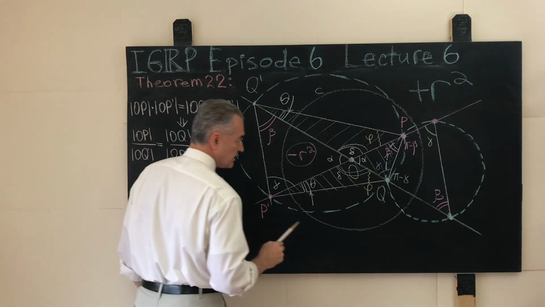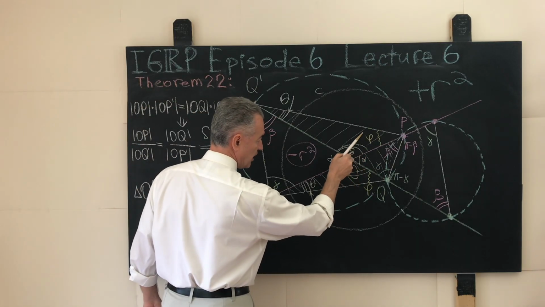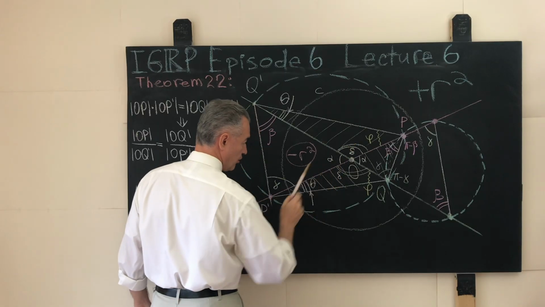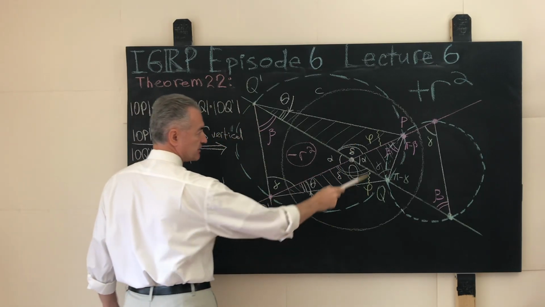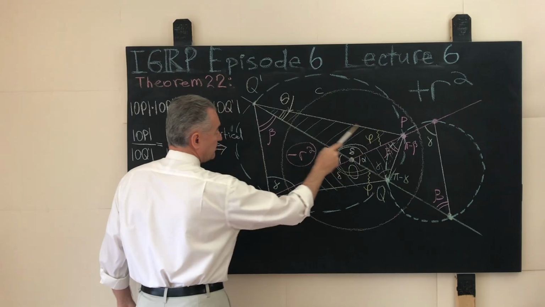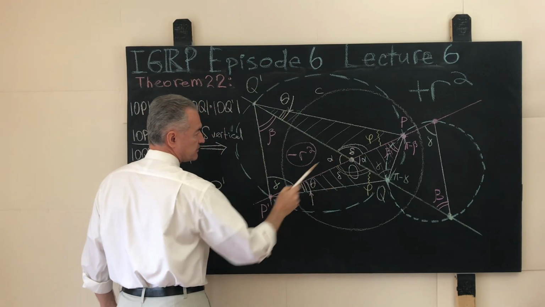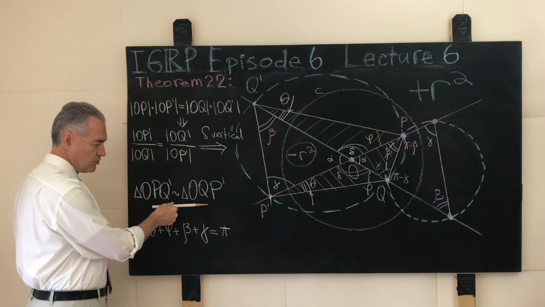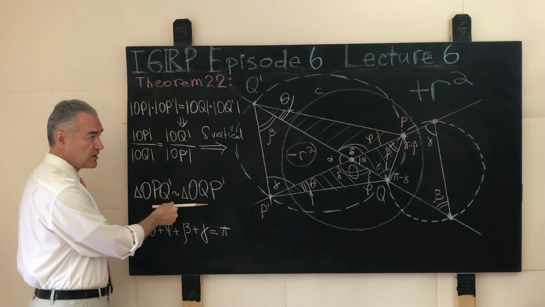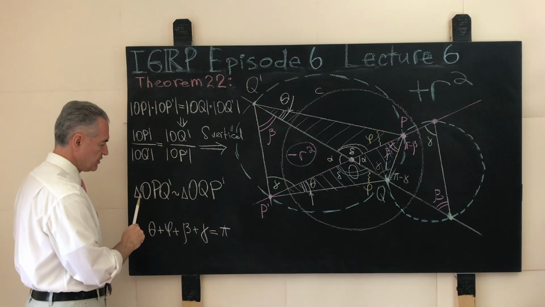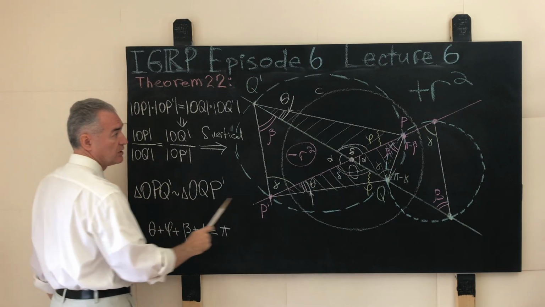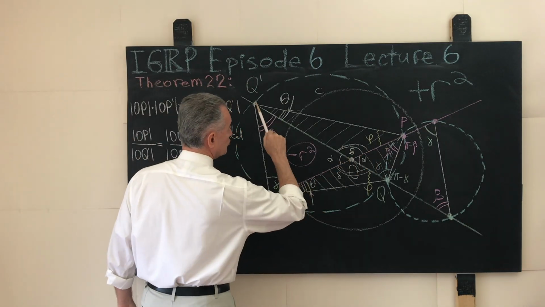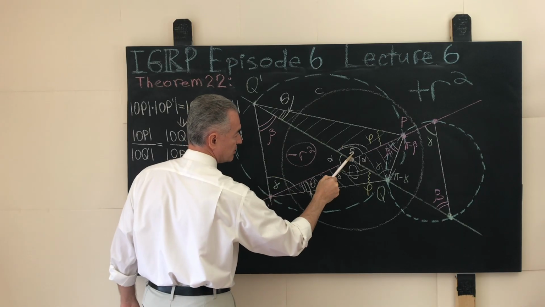So if we name the angles of this other pair of similar triangles as phi, theta, and delta, then again, from this designation of the order of the names of the vertices, we see that the triangle OPQ prime, we traverse in which direction?